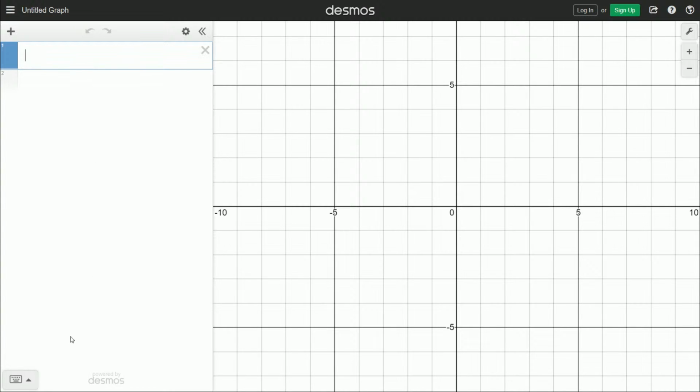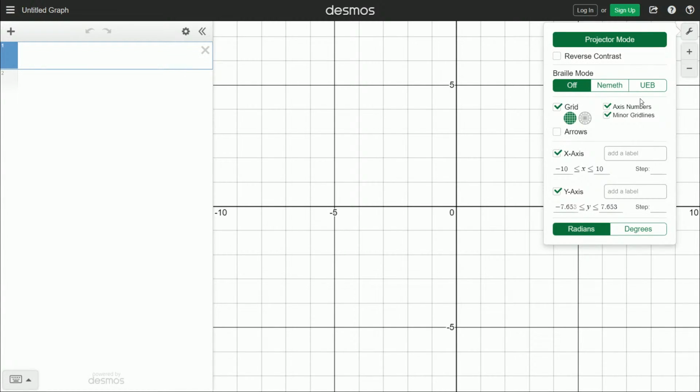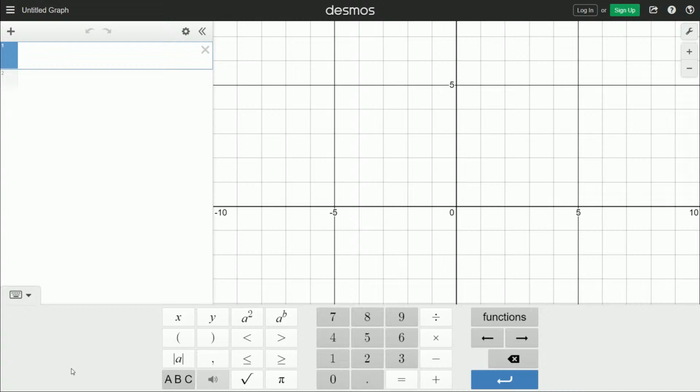Now, all you have to do is go to desmos.com, and then go to show keypad. Where's the scientific? Oh, there it is. All right.